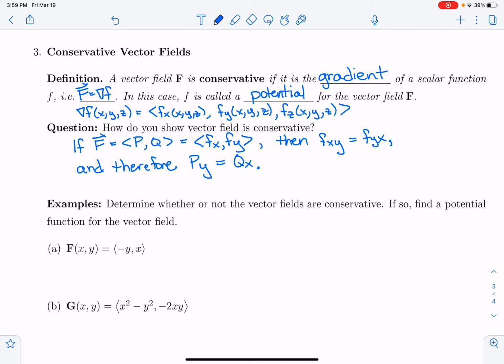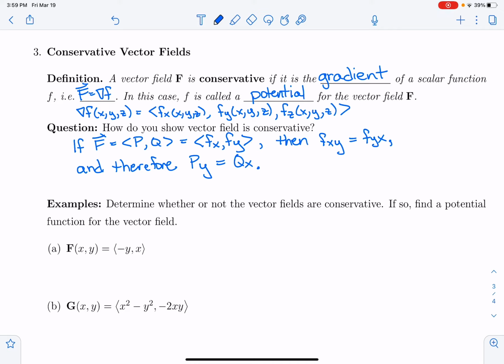So that gives us a template for how to show a vector field is conservative. We can take the partial derivative of the first component with respect to y and then test to see if it's equal to the partial derivative of the second component with respect to x.